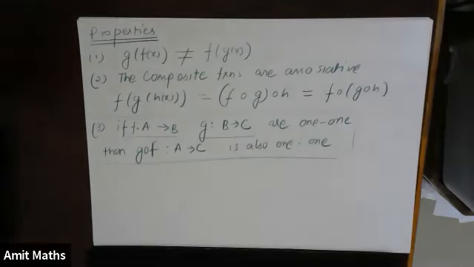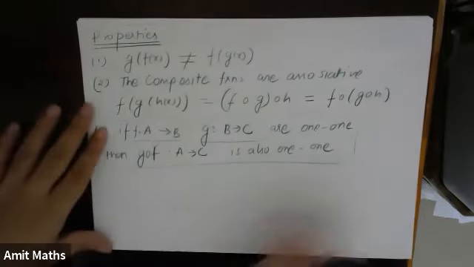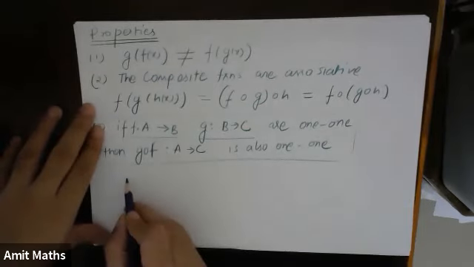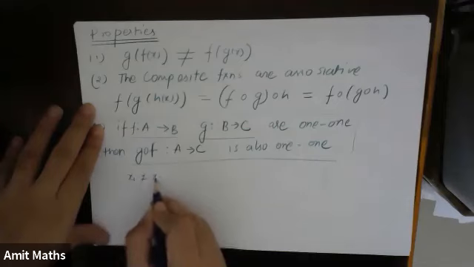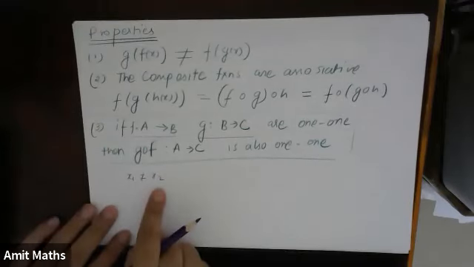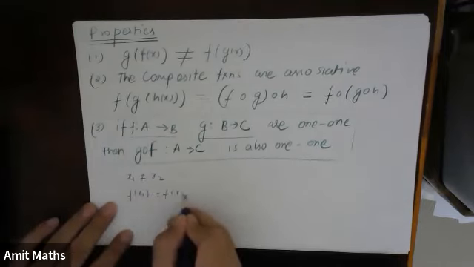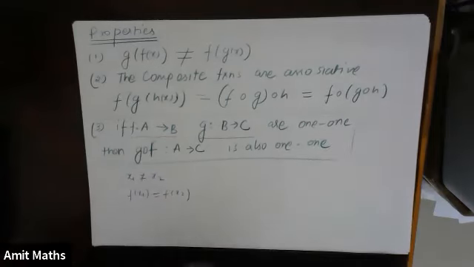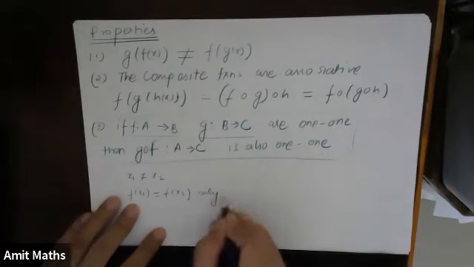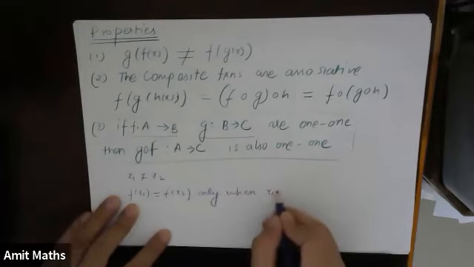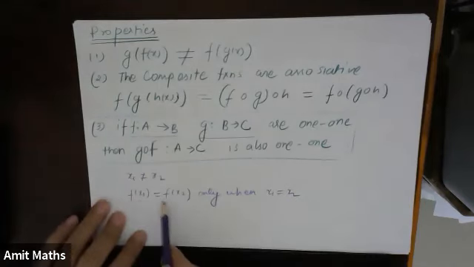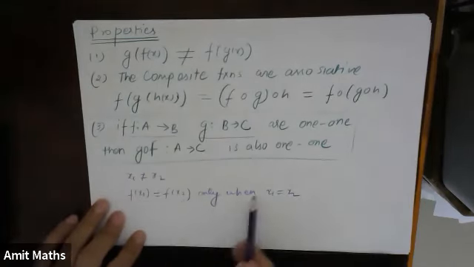If you remember, the way we proved a 1-1 function was that we took x1 is not equal to x2, and we showed f of x1 is equal to f of x2 only when x1 is equal to x2.